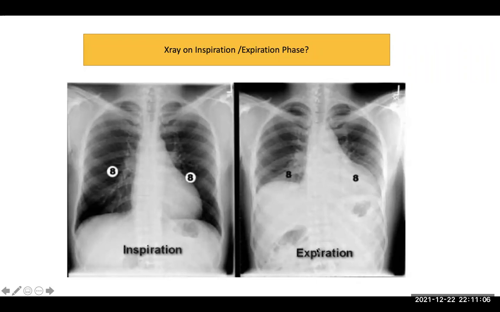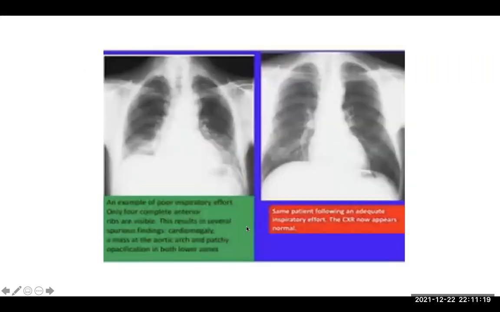The X-ray was just taken in the expiration phase, and for this reason it looks like this. So of course, it is very important to take the X-ray in the inspiration phase. Look here, another patient: this is in the inspiration phase, and the same patient in the expiration phase. So it is very important to know about this.